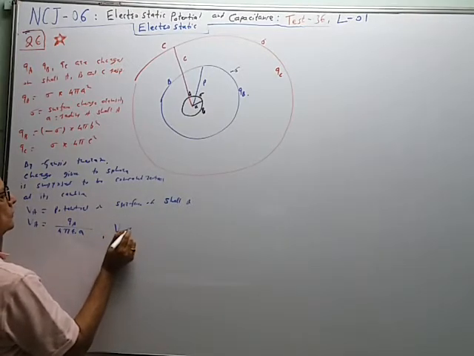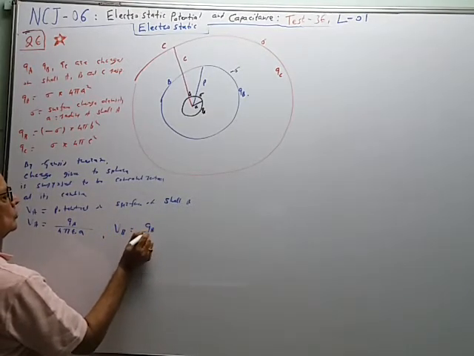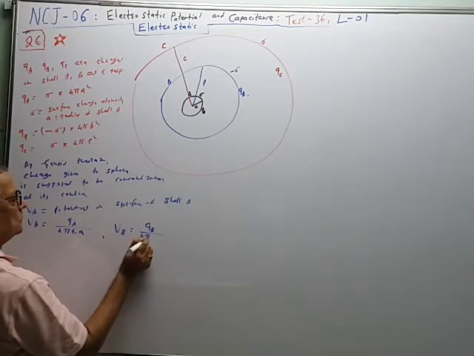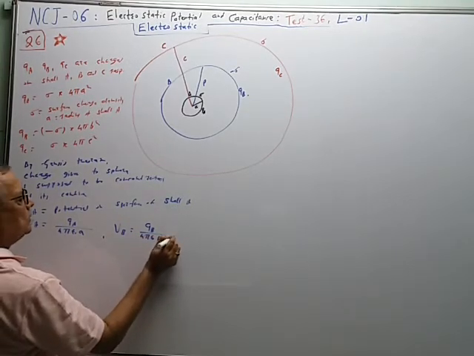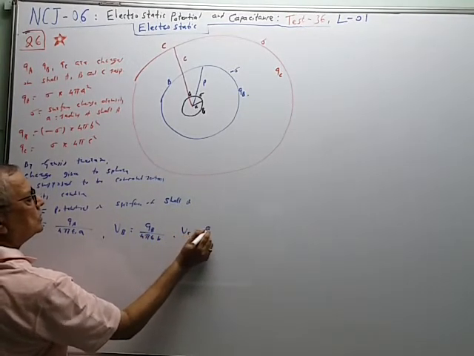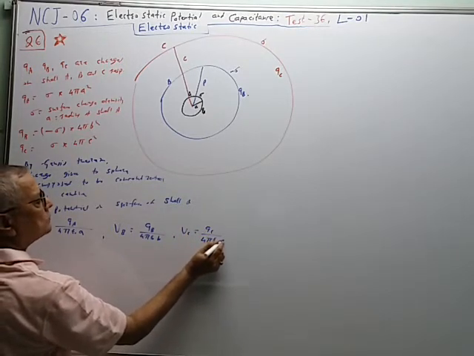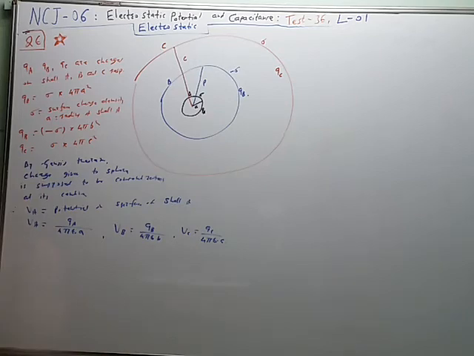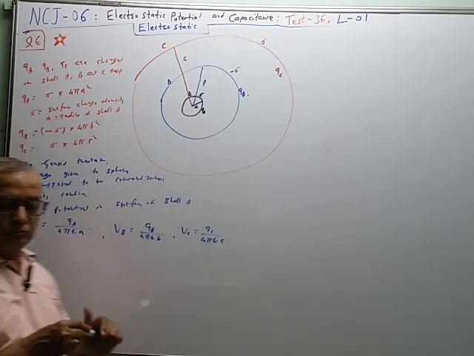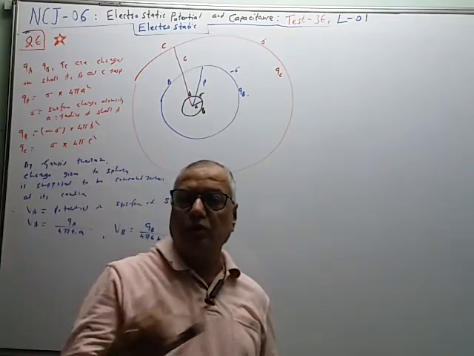VB is equal to QB upon 4 pi epsilon naught B. VC is equal to QC upon 4 pi epsilon naught C. So these are the equations. Now what to find?